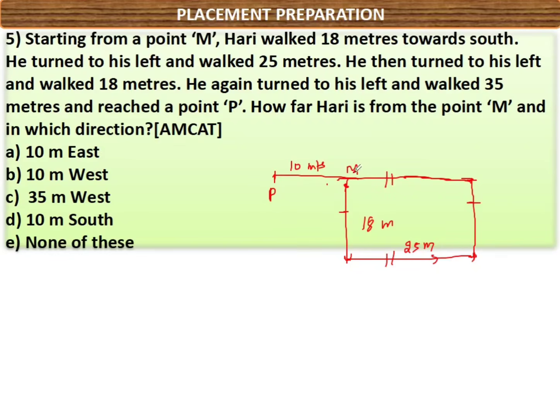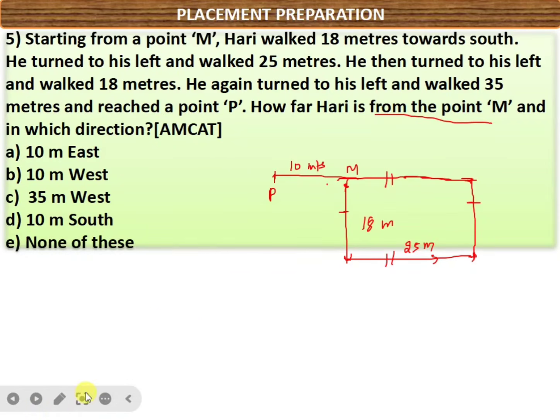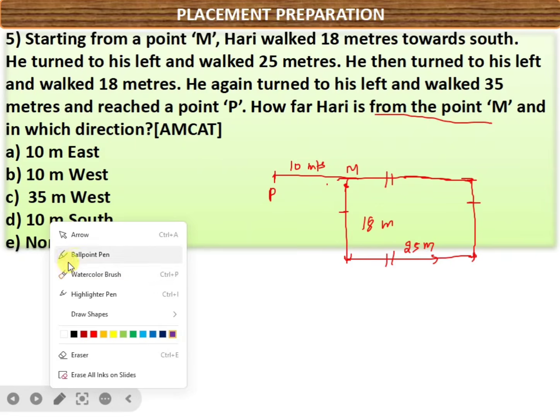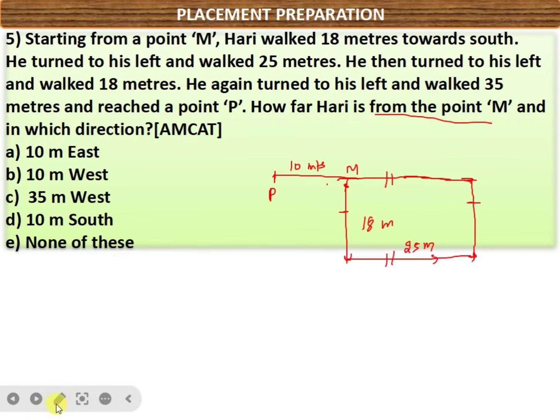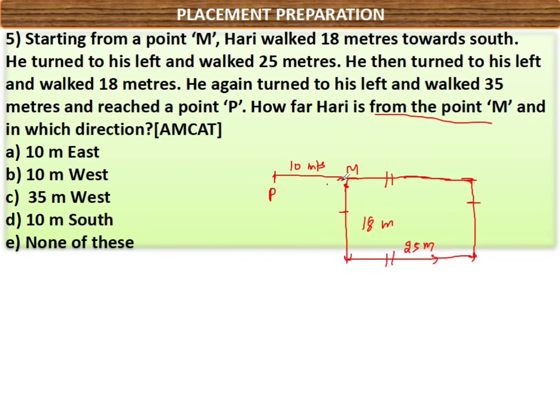Starting point is M. How far is Hari from the point M? From the point M means you have to see the direction from M. I'll repeat, you have to see the direction from M, which means M will act as origin.